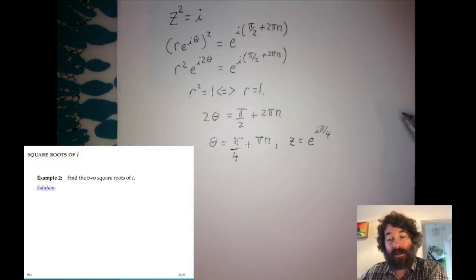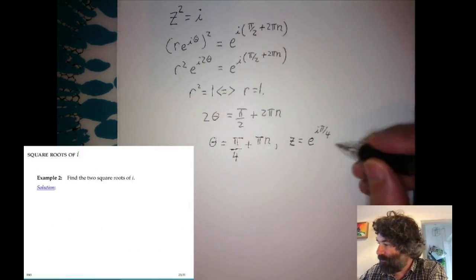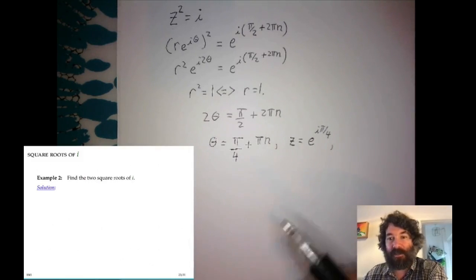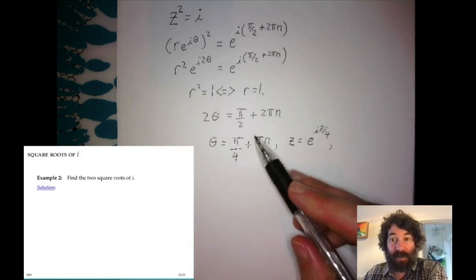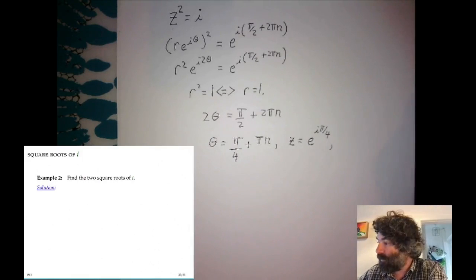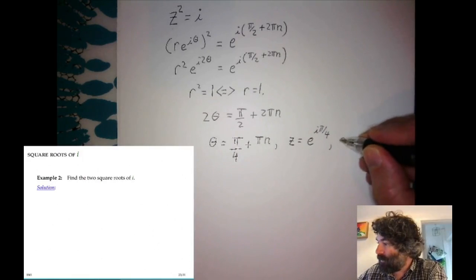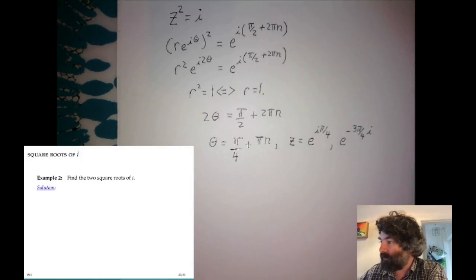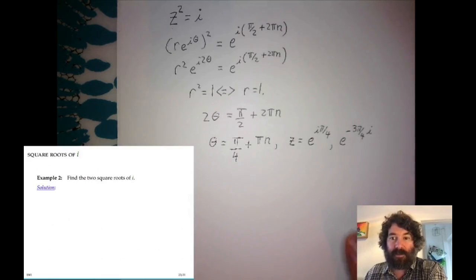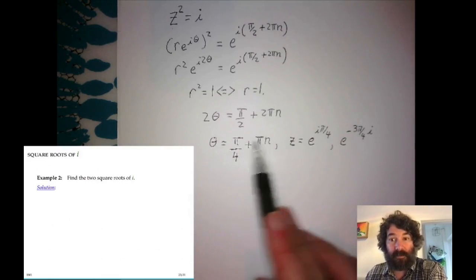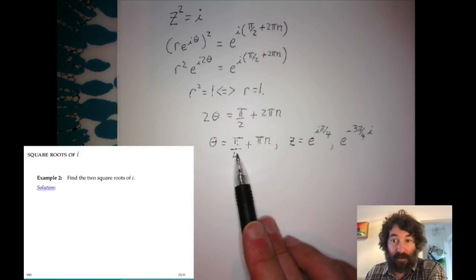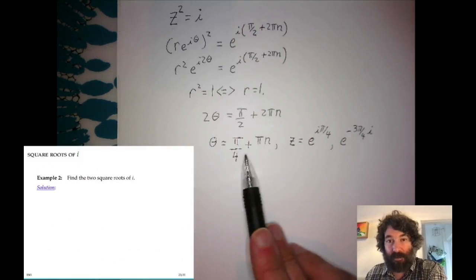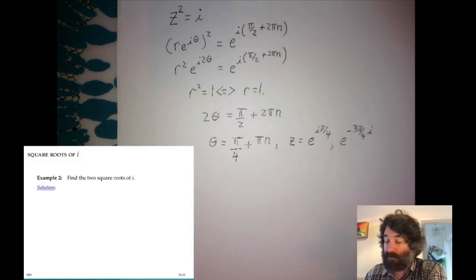And then if we want to get another value where θ is between negative π and π, we might take n equal -1, and we would get e^(-3πi/4). So if you subtract π from π/4. All right, so these are the two solutions. For other solutions, θ would differ by 2π from one of these two. And so these are all of the solutions.